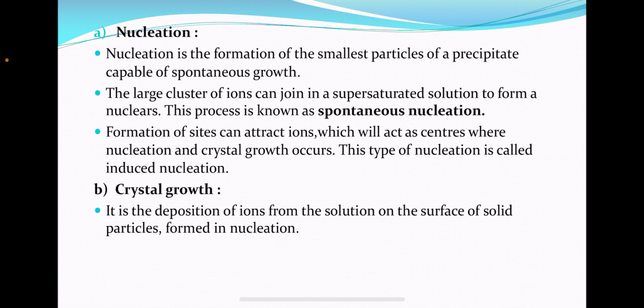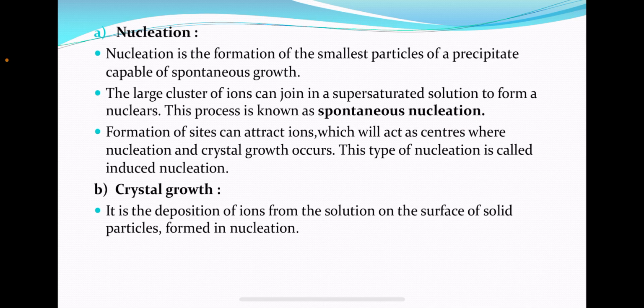Large cluster means these smallest particles which have been formed during nucleation join together, form a group, and form a large cluster when it is a supersaturated solution. Supersaturated solution means that barium chloride is more in concentration compared to the sulfuric acid which has been taken. That is what is called supersaturated.